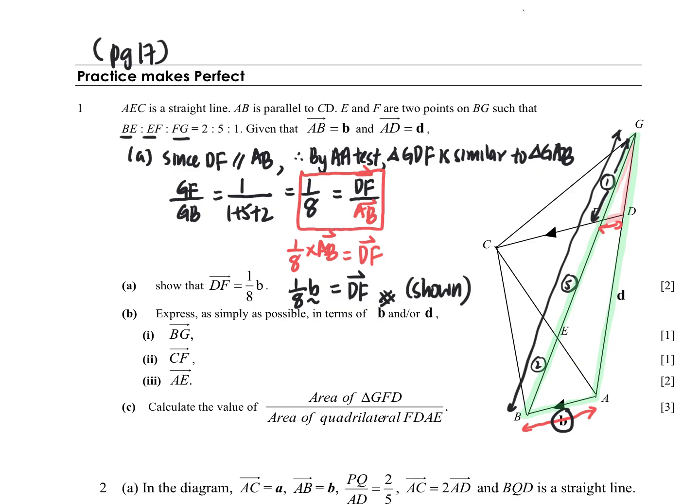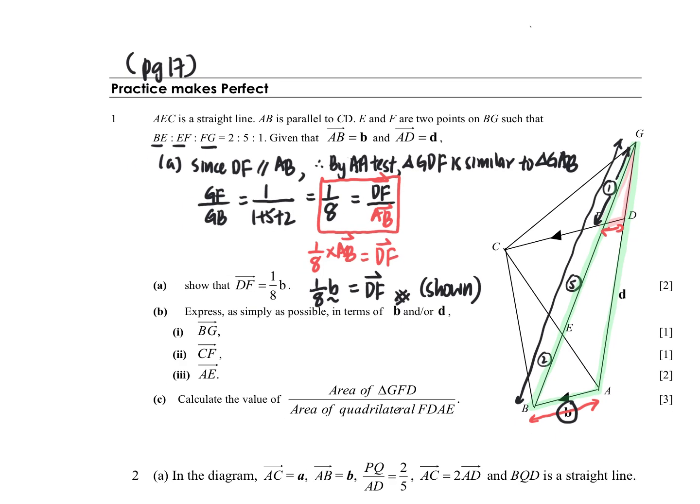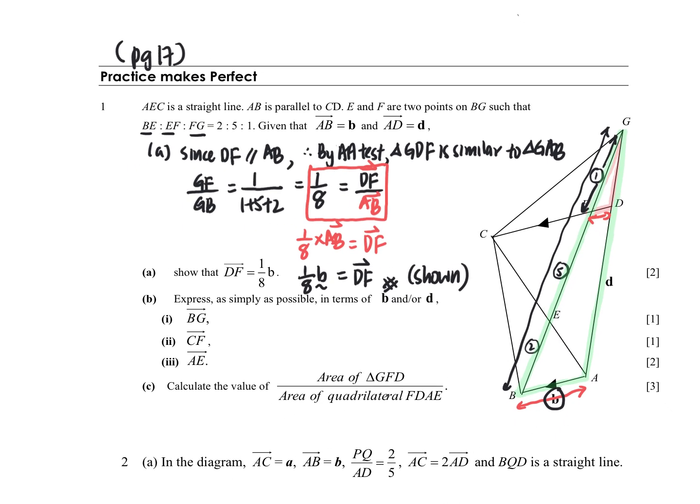Next one I want to find BG. I hope you can see that moving from B to G is the same as moving from B to A and then A to G. Can you see that?